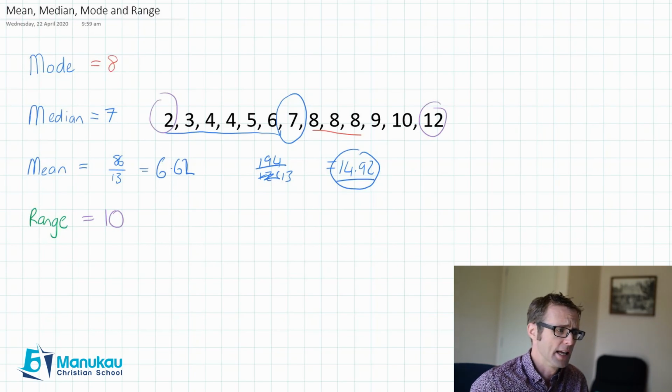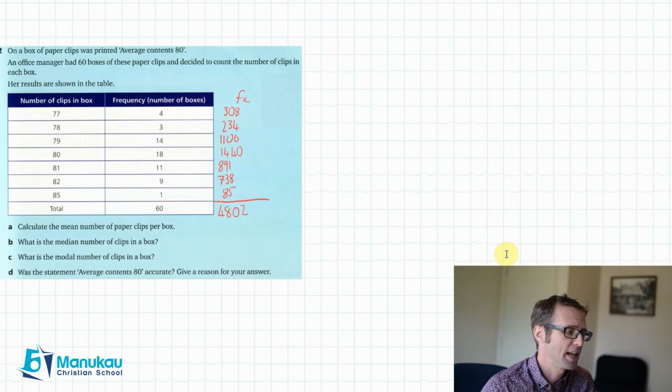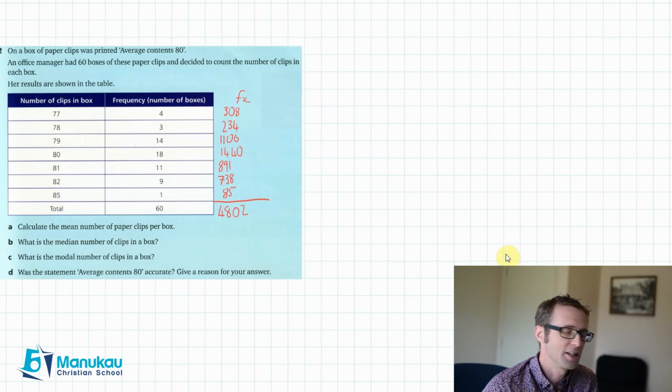Now let's try an example from our textbook. In this example, we've got a box of paper clips that's printed, and it says on it, average contents 80. We've got 60 boxes of these paper clips, and for some bizarre reason, in maths it's like this, the office manager decided to get someone to count the paper clips in each box.